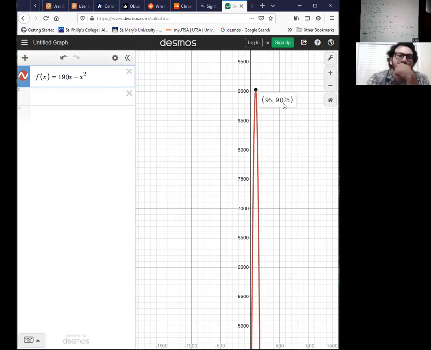Double check that I plug this in right. 9,025. But anyway, this is an area function, right? This is not telling me anything about the width. But this is showing me what the maximum x is. In this case, we were using x as length. So this confirms for sure, and also the second derivative tells us that it's always concave down. We have one critical value, so it has to be a maximum.